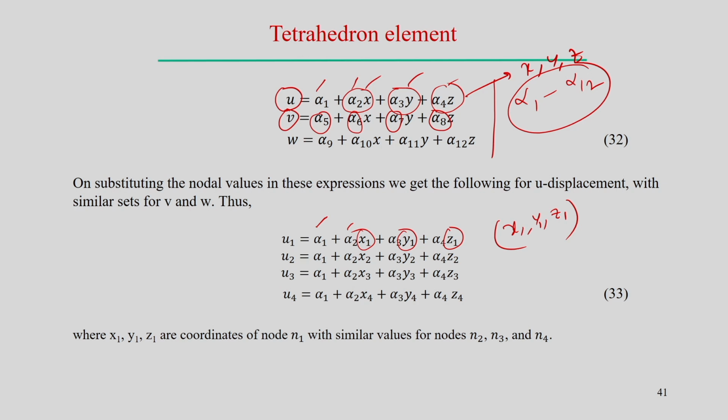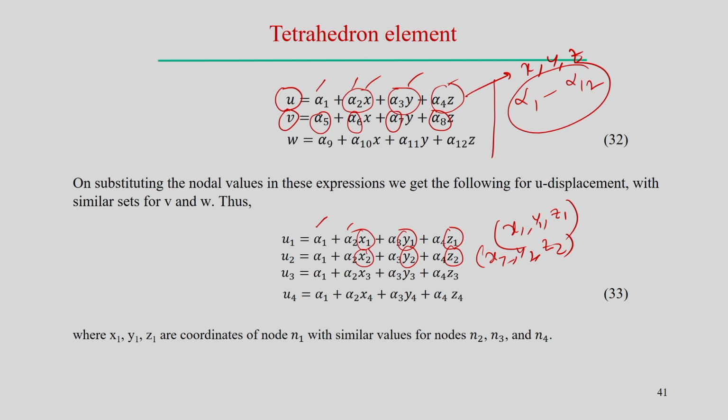Similarly, u 2, the displacement along the x axis, is also a function of x 2, y 2 and z 2, the three coordinates of node point 2, which we assume to be known quantities.